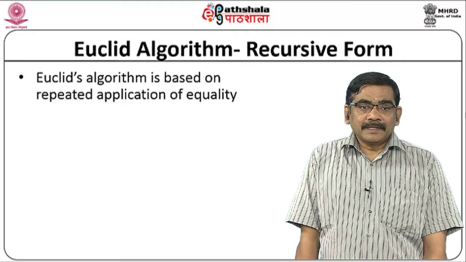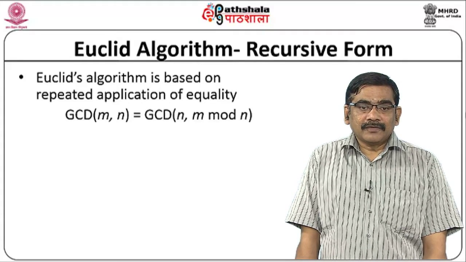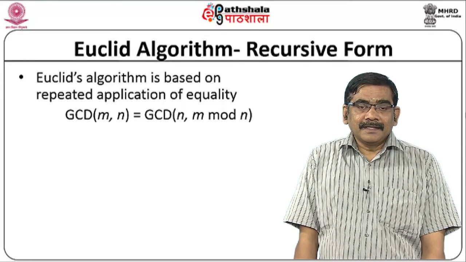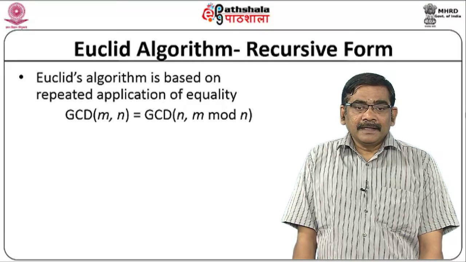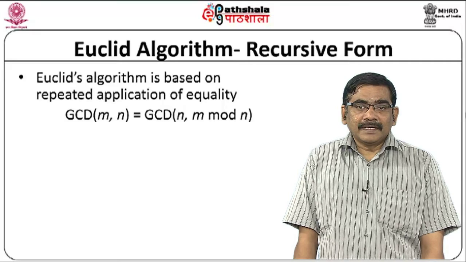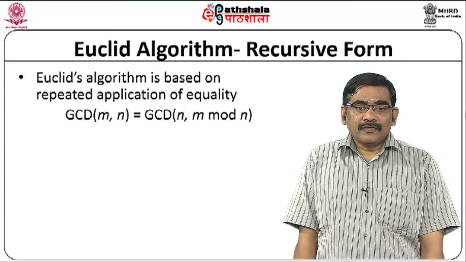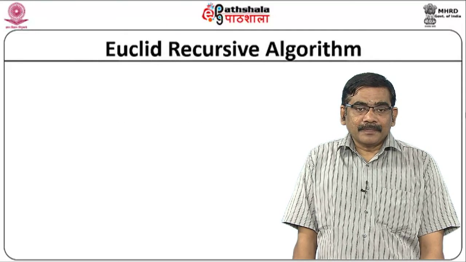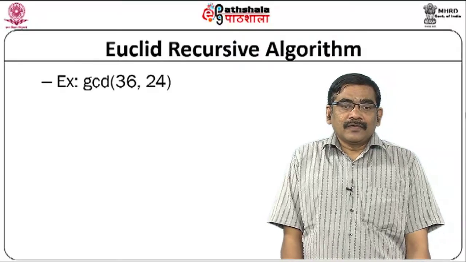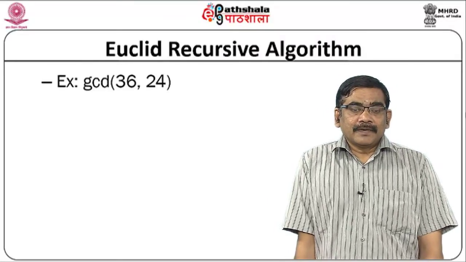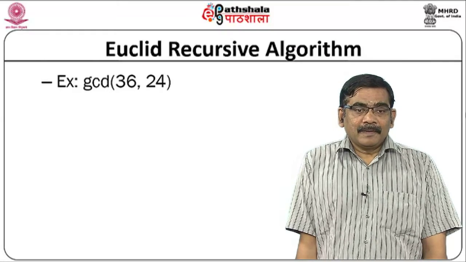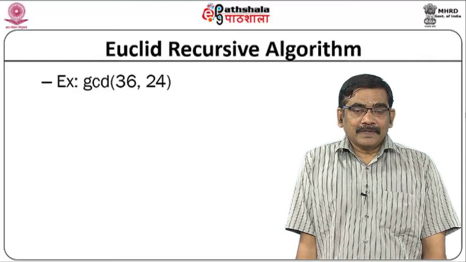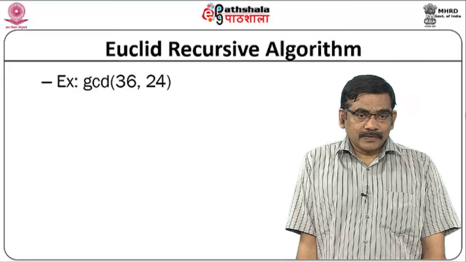The Euclid algorithm is based on the repeated application of an equality. You can recursively say that GCD of m comma n is GCD of n comma m mod n, that is, the result of the mod operation. Taking the same problem, the first number should be greater than the second one, so I am swapping these two numbers.